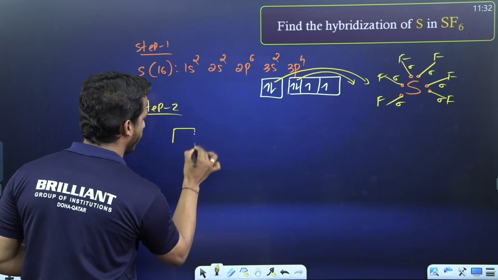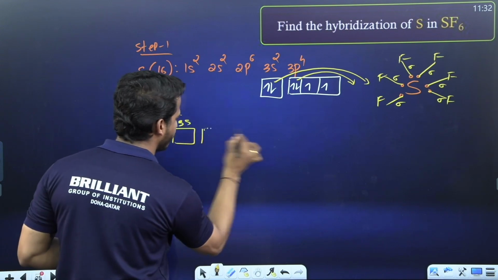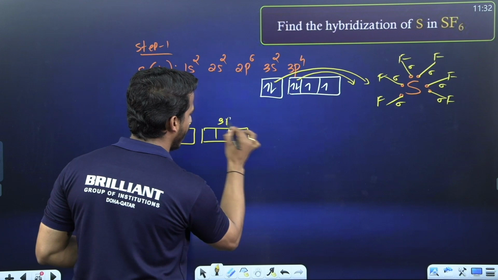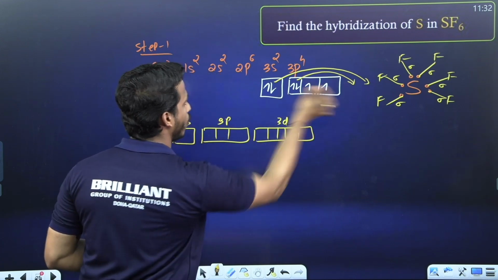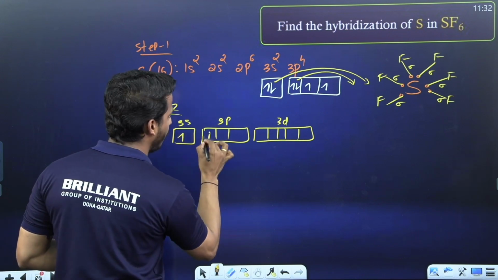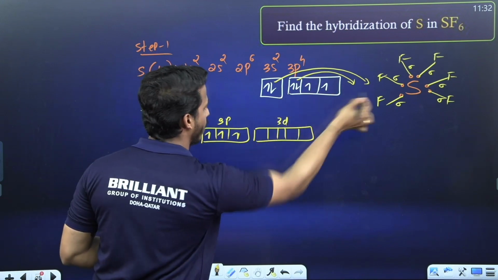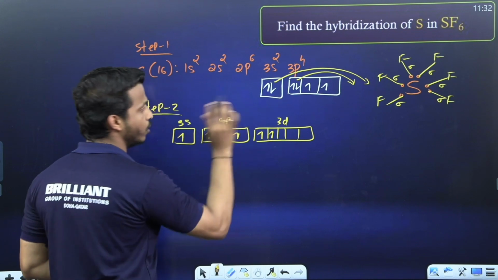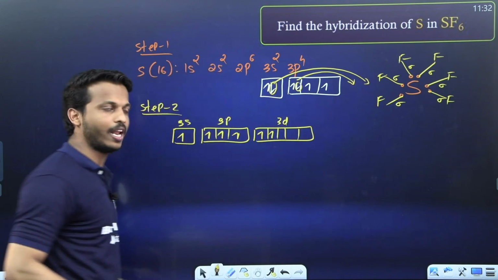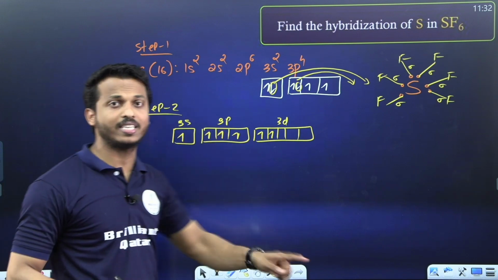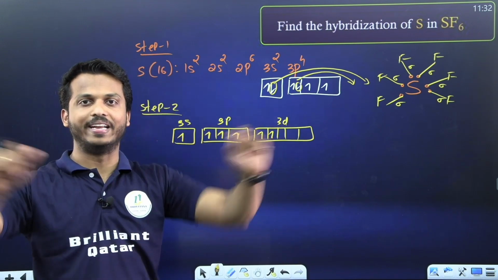So what orbitals will you get? 3s is there, 3p is there, and we have 3d. One electron is lost from 3s, so 1 remains. 3p already had 3, and 1 more electron we excited. So generally these 2 electrons we excited into 3d. Now you have 1, 2, 3, 4, 5, 6. Six unpaired electrons are ready.